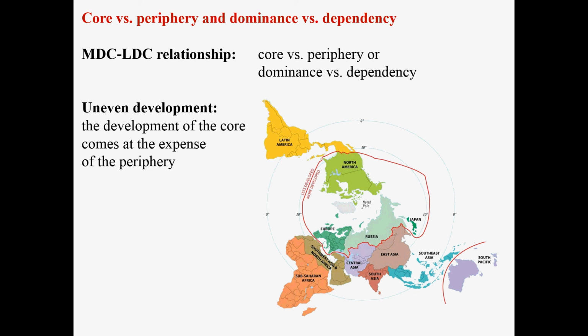Therefore, the development of the countries at the core comes at the expense of the periphery countries. So a lot of wealth, a lot of the income that is generated, the profit, eventually flows back into the countries at the core. So this is a very different way of looking at the state of development today. It's a very different view compared with Rostow's modernization theory.